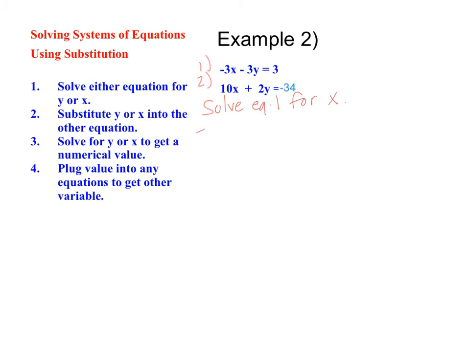So we're going to take -3x minus 3y equals 3. And we want to get this term by itself and then eventually the x by itself. So I'm going to do PEMDAS backwards. Since I don't have any like terms I can combine, I'm going to add 3y to both sides.